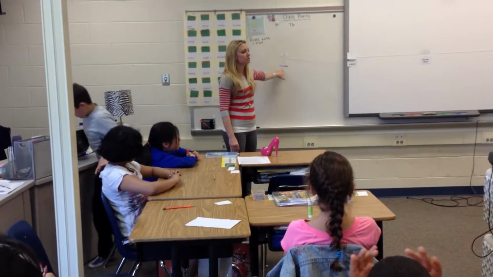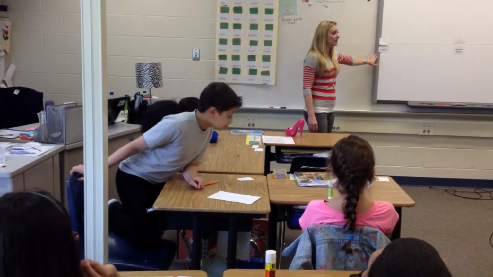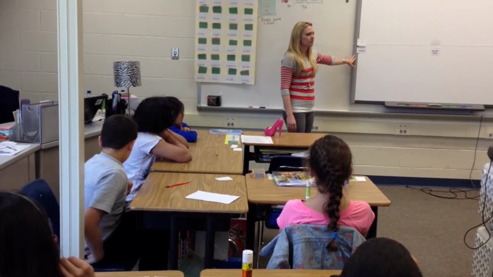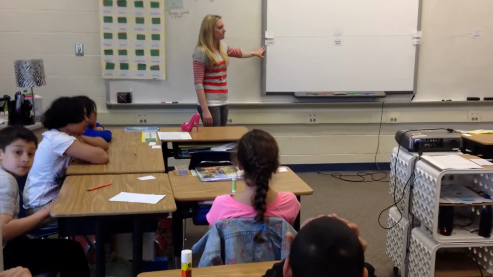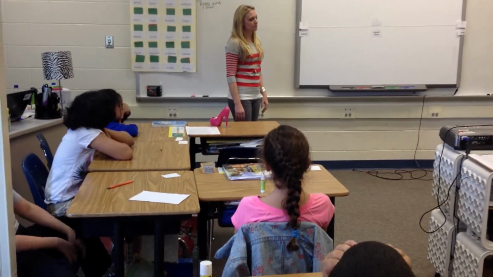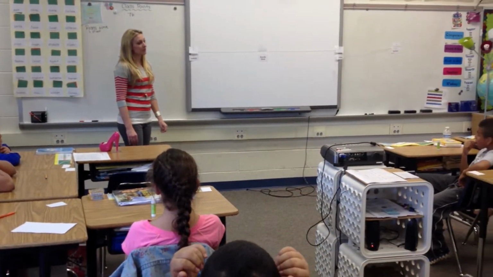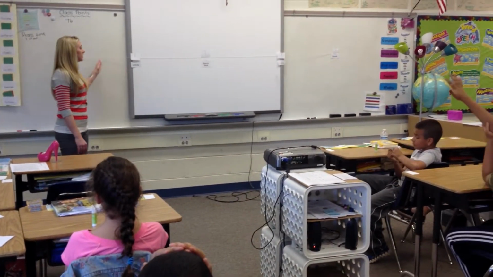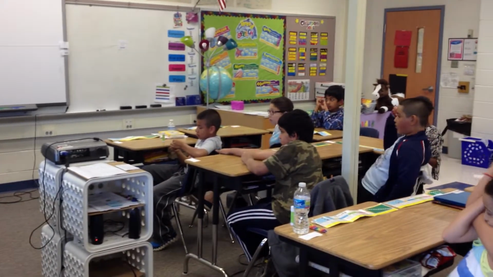So we have impossible, which means it's not going to happen. We have unlikely, which means what? It's near impossible. It could happen.